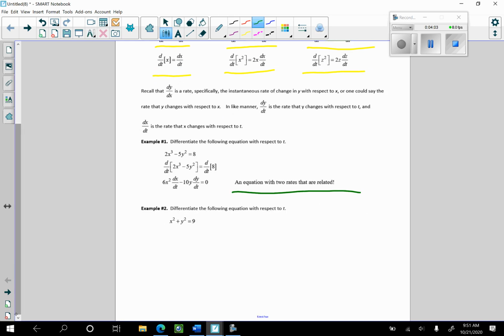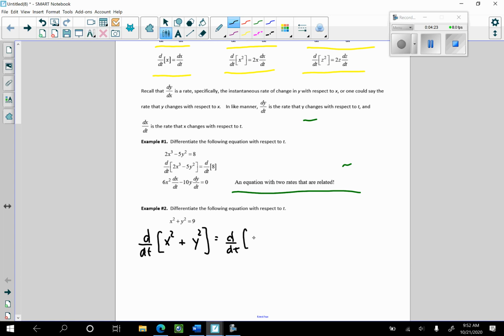Example 2, differentiate the following equation with respect to t. I'm going to differentiate everything with respect to t. x squared plus y squared equals 9, and I'm going to differentiate 9 with respect to t. Differentiation is a linear operator, so I'm going to differentiate the pieces. The derivative of x squared with respect to t is going to be 2x dx/dt.